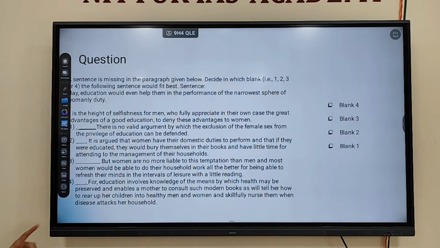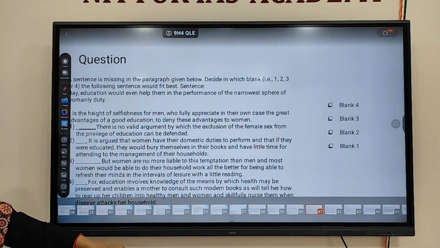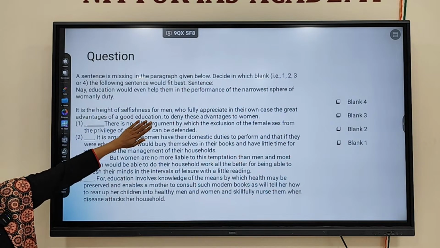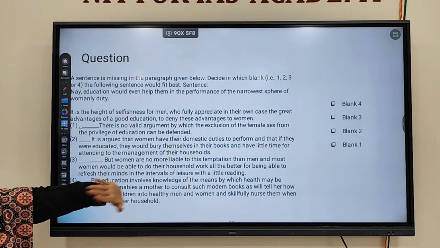So what would stand correct is, if a woman is educated, she will nurse her children properly, she will educate her children, she will teach them manners. If any disease is there, she will know how to get out of that situation where people in her household are not feeling well, and she will skillfully nurse them. So that is the reason women should be educated. Makes sense? So we will remove this one argument that excludes women.